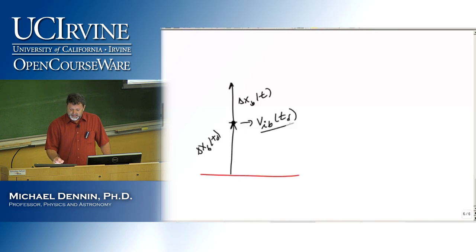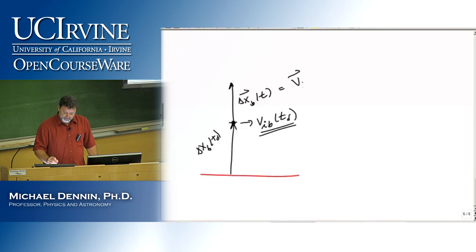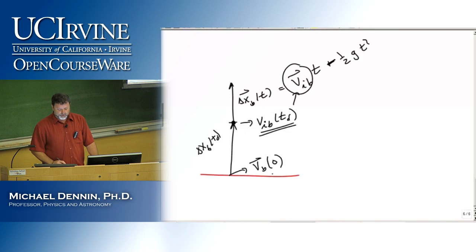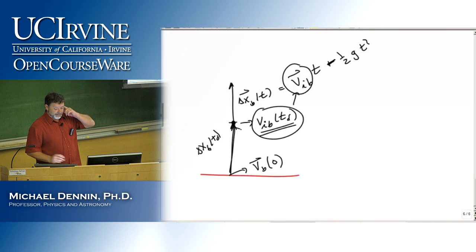That is the velocity it has when it hits TD. So this displacement vector is that velocity times the time it's in the air minus the 1/2 gt squared. Not the velocity down here at 0. So it moves up, it not only displaces, it has a new speed, a new velocity. And it's this velocity that has to go there.